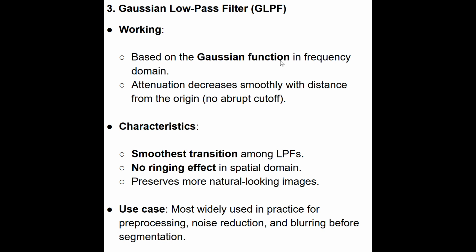Another category is the Gaussian low pass filter. Here the working of it is based on the Gaussian function you are using in the frequency domain. There are no abrupt cutoffs between the image objects.